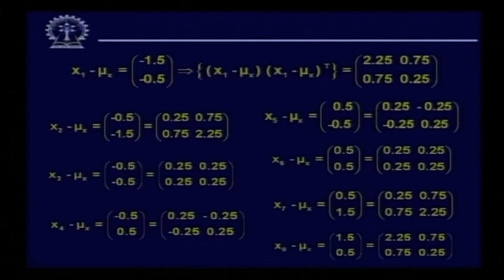So, we can find x 1 minus mu x into x 1 minus mu x transpose. If we compute this, it will be 2.25, 0.75, 0.75 and 0.25.